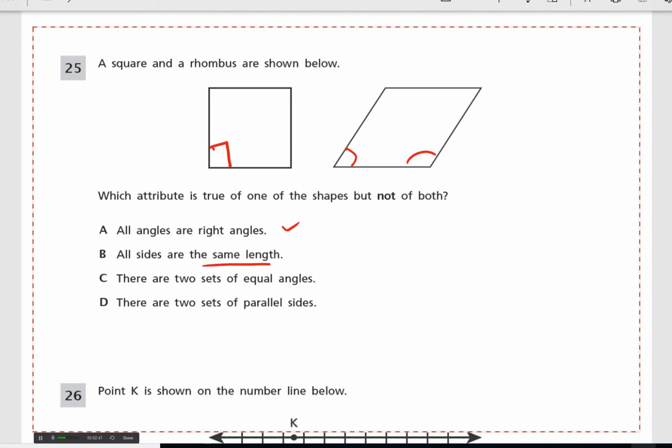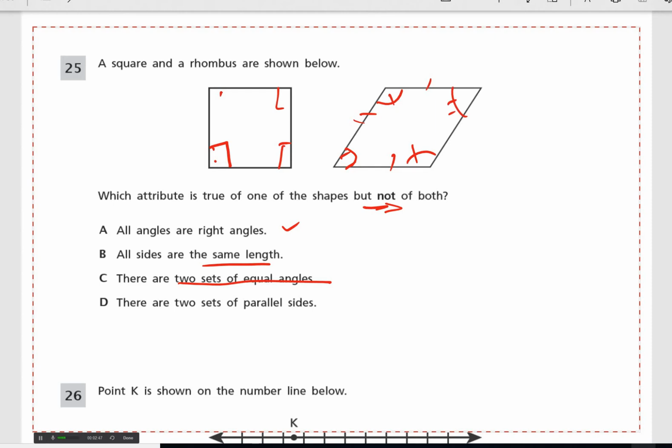Do they have the same length? All sides are the same, but that's only for a square. A rhombus can be the same, but not for both. So they actually both have the same length. The two sets of equal angles: yes, because this will equal that, and this will equal that.